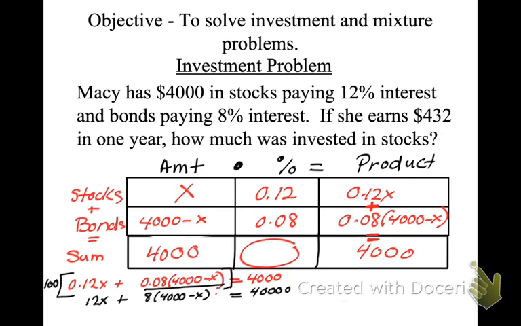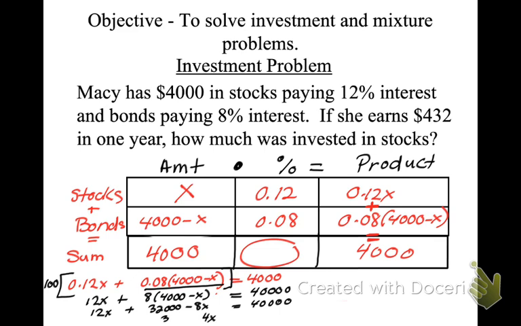So now I have 12x plus 32 with 3 zeros minus 8x equals 40,000. I'm going to combine my like terms, and I get 12x minus 8x is 4x.